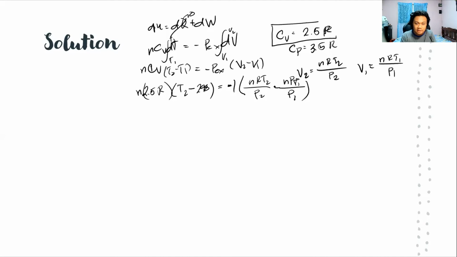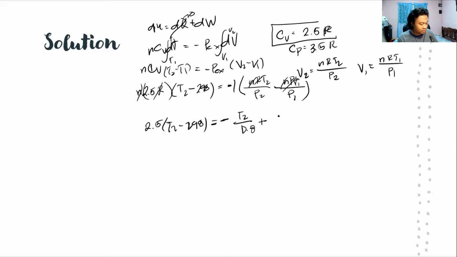You can actually cancel like terms here, so n and R. We are left with 2.5 (T2 minus 298) equals minus (T2 over P2, which is 0.8, minus T1 over P1). I've taken the signs into account, so let's lose the parenthesis here.